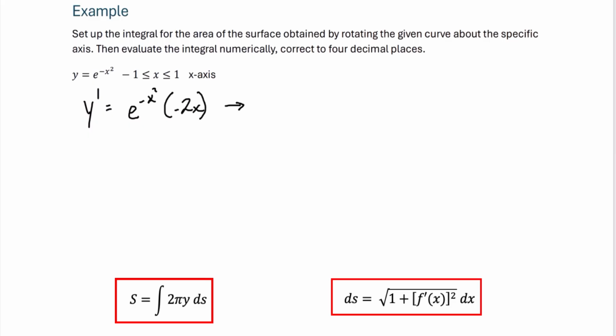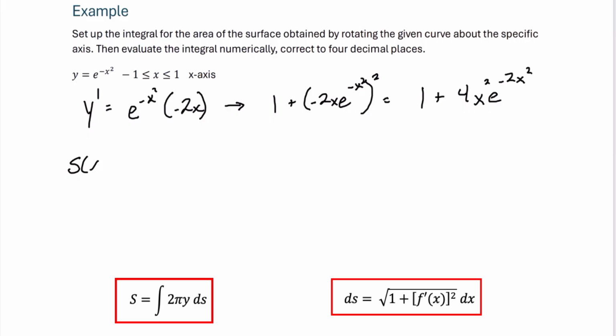And then slowly building the formula, 1 plus negative 2x e to the negative x squared, squared, we get 1 plus 4x squared e raised to the negative 2x squared.